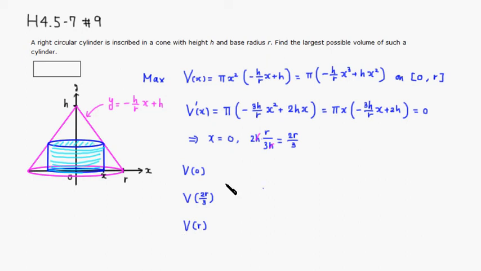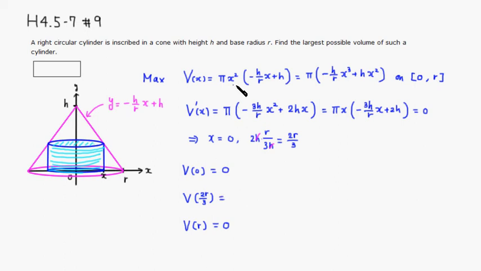These two are pretty easy. If you plug in x equals 0, the volume is going to be 0, of course. If you plug in r, r and r cancel out, negative h plus h cancel out, so it's 0 as well. So as long as we get a positive value from the critical number, we'll have a maximum there.